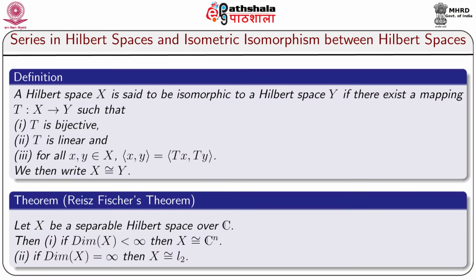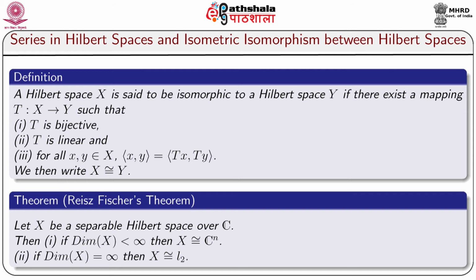Let us take a definition. A Hilbert space capital X is said to be isomorphic to a Hilbert space capital Y if there exists a mapping T from X to Y such that number 1, T is bijective, number 2, T is linear, and number 3, for all x comma y belonging to capital X, inner product x comma y is equal to inner product Tx comma Ty.